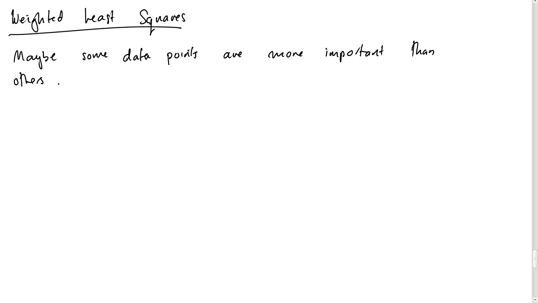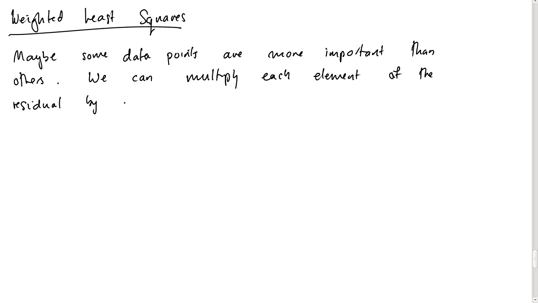Okay, so what we do is we multiply, we don't have to, multiply each element of the residual by a weighting.